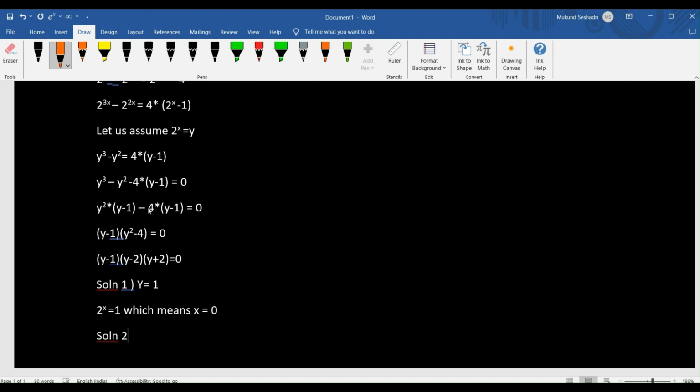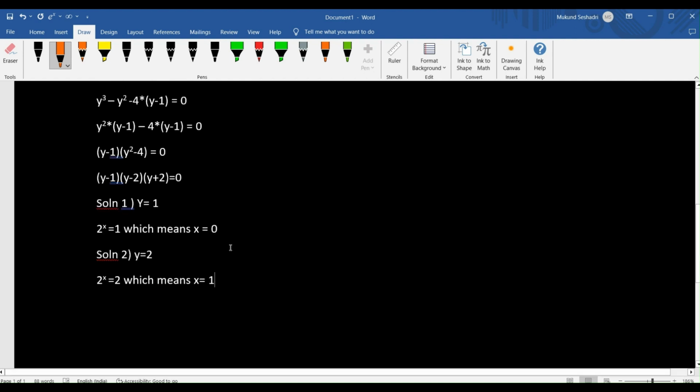Then my solution number 2, which is y equals 2, means 2 to the power x equals 2, which means my x equals 1. So we've got two possible solutions for this.